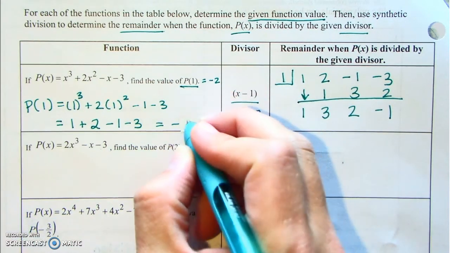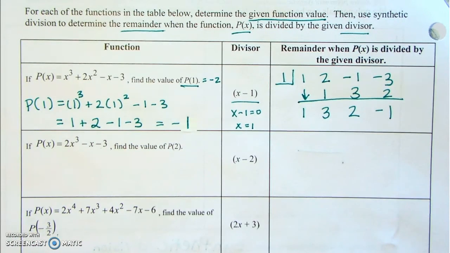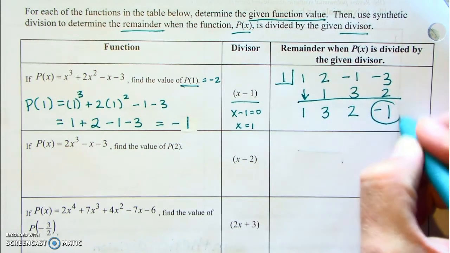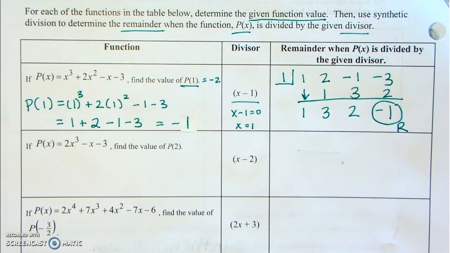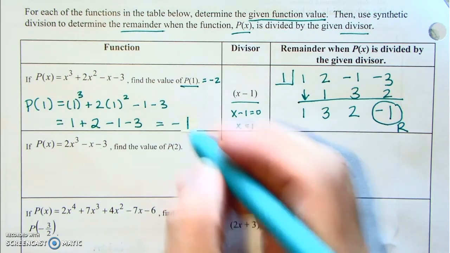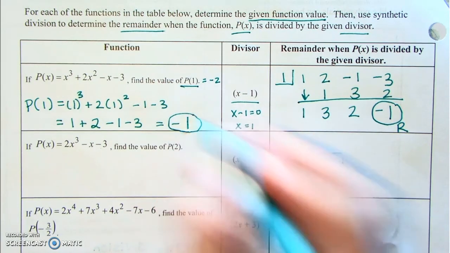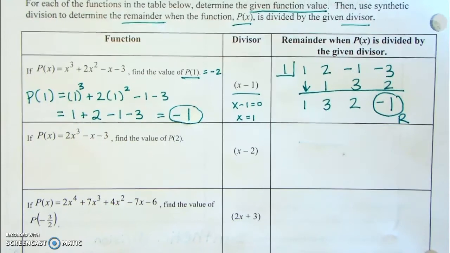Always check your work, people. Okay, now you're supposed to notice something. What's the remainder? You guys, this last term is always the remainder. Oh my goodness. Wow. What do you notice? Do you see how that wouldn't have worked with the wrong answer?